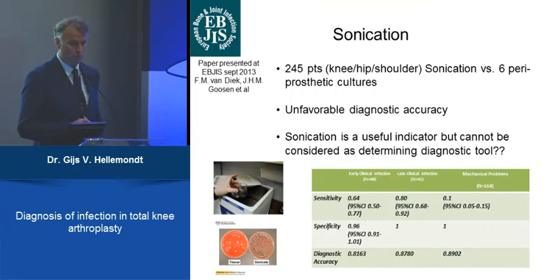We have looked at it and presented it at the European Infection Society last September. We looked at over 245 patients with hip, knee and shoulder, and combined the sonication with 6 periprosthetic cultures, and unfortunately we found that it's not a useful diagnostic tool. So there's still some argument about that, but I think some hospitals routinely use sonication. We don't do it anymore.